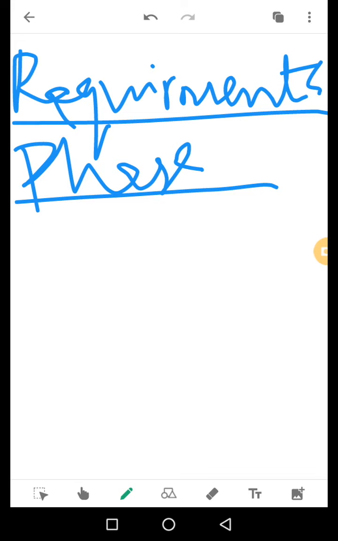Then structural partitioning. That's number 6. Horizontal partitioning defines 3 partitions: input, data transformation, and data output. That is, the data will be inputted.